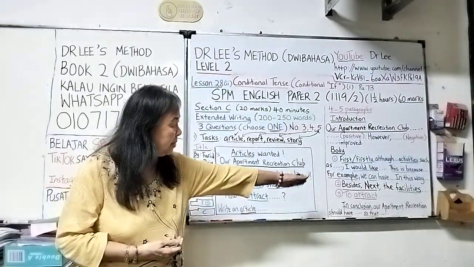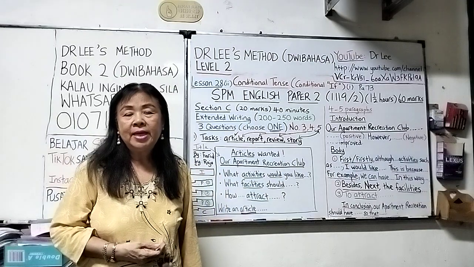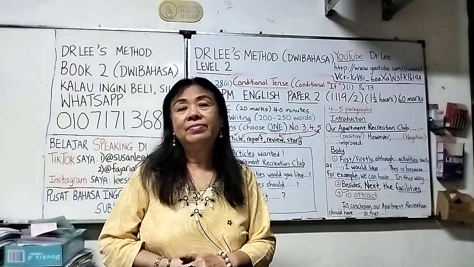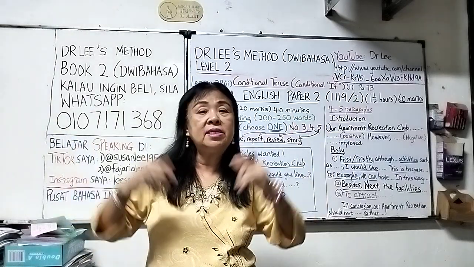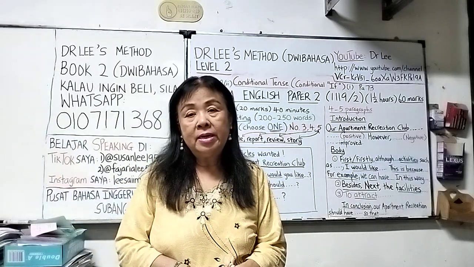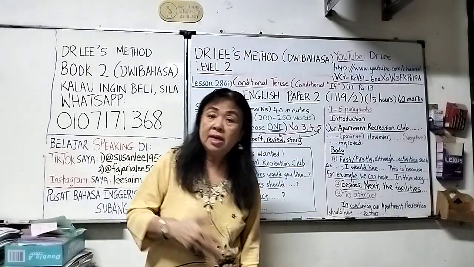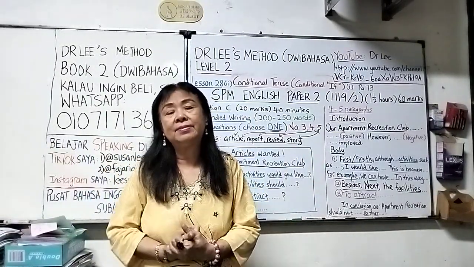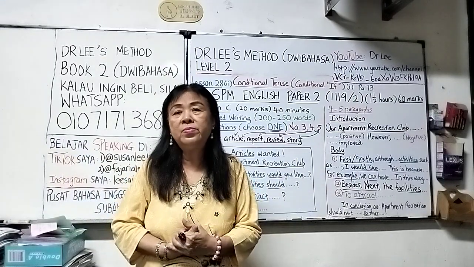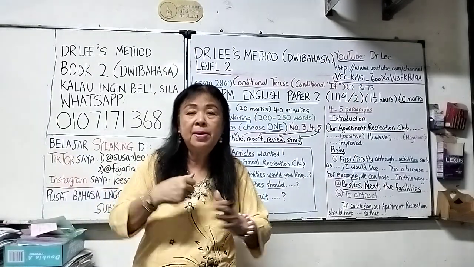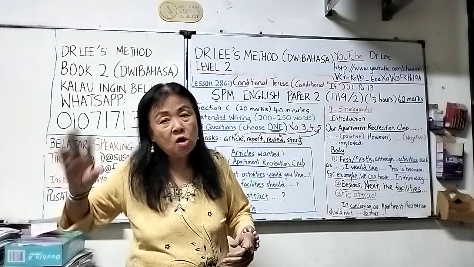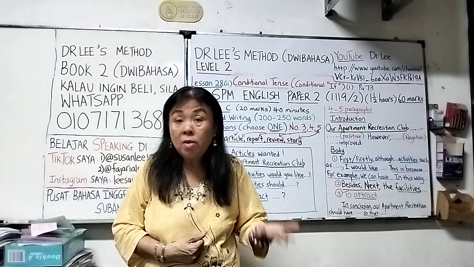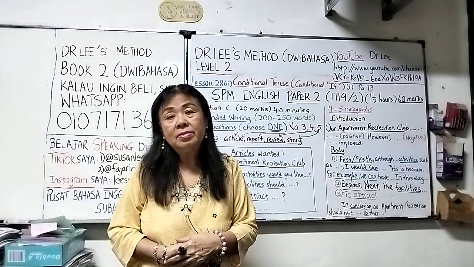Facilities. So you can say besides or next. The facilities that we have now are not enough to cater for all the residents in our apartment. And then the second line you can say, I suggest we have more facilities such as karaoke room, snooker table, tennis court, or badminton court, or football court, it is up to you.